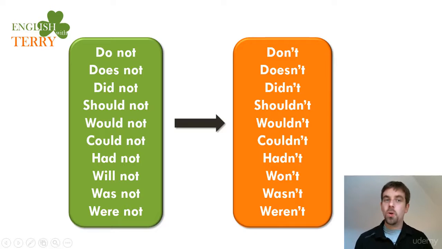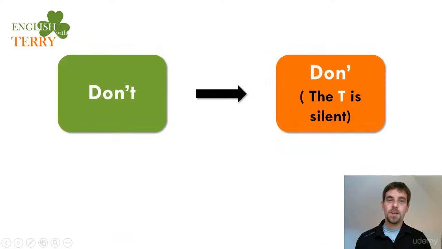This module will show you that this T, when we speak quickly, disappears. So, for example, in the first video, I will show you don't. Very often the T is silent: don't, not dawn, but don't.